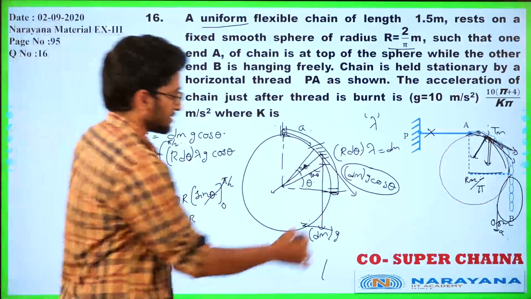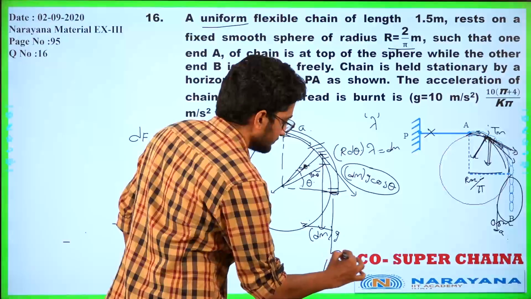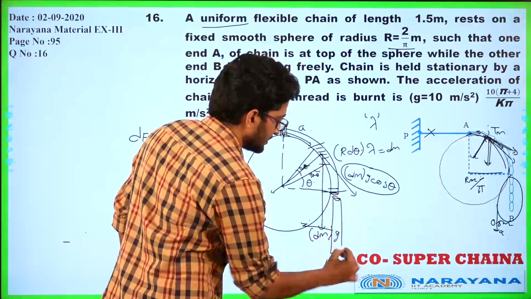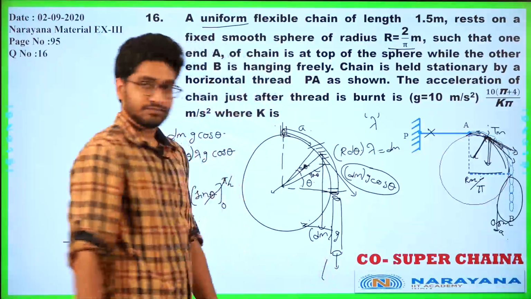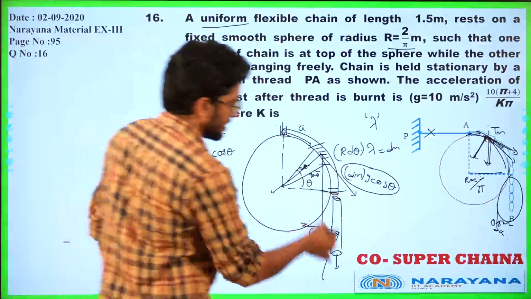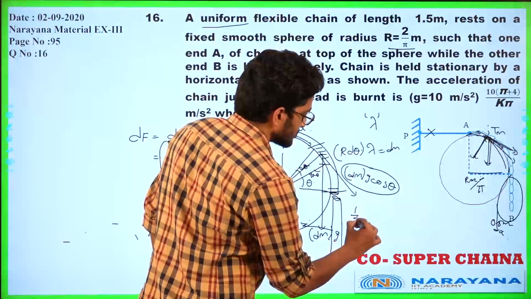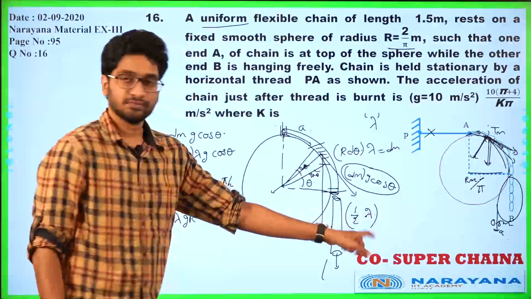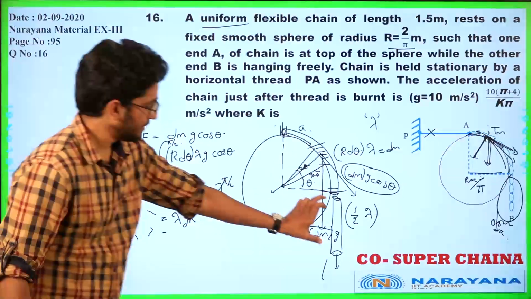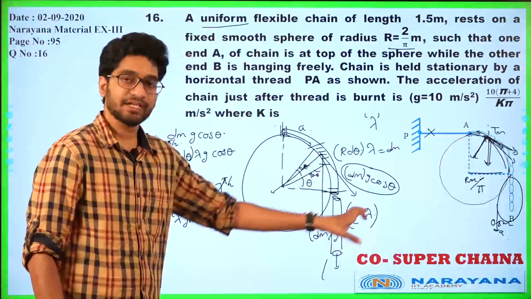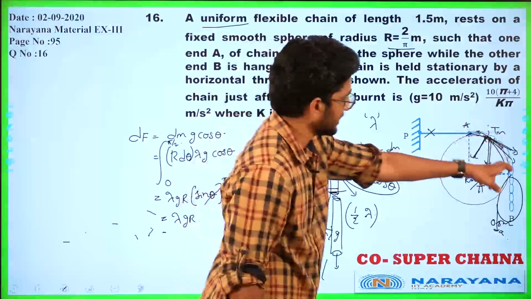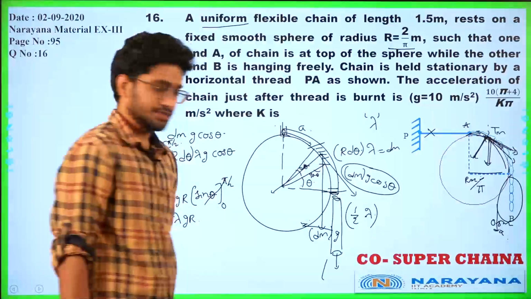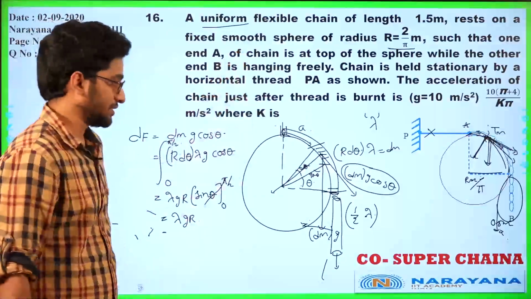And next, for the remaining part, what is the force along the tangent? For the remaining part, length is half meter, right? So mass is half into lambda, length into linear density. So for the remaining part, this is the mass, half meter into lambda. I got this length as 1 meter, so this is 0.5 meters. Total is 1.5 meters.